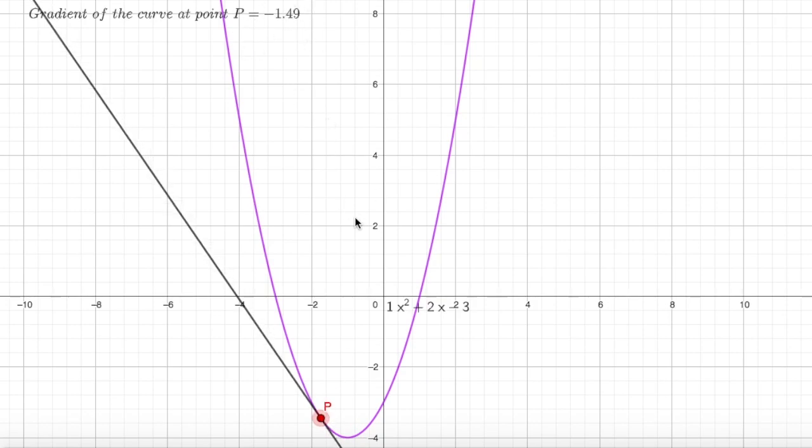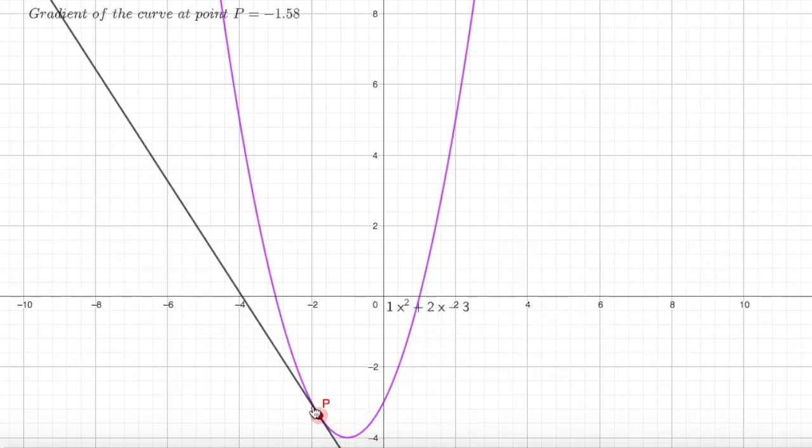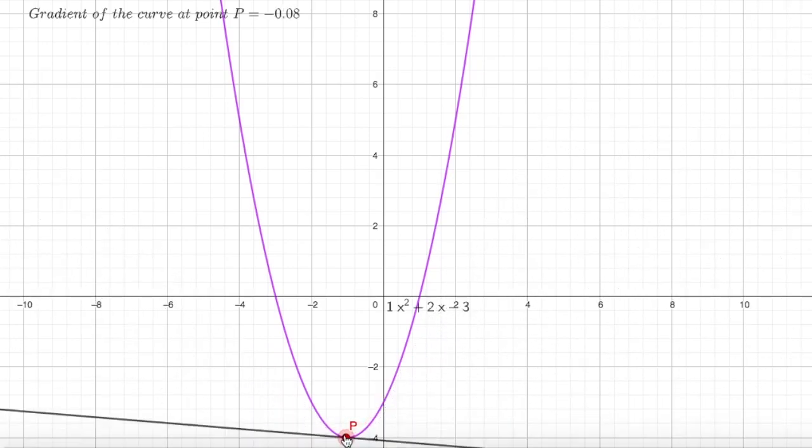This is the gradient dy dx at point P. On the left-hand side, it is negative. So when the curve is U shape, at the minimum point, dy dx changes from negative to positive. Remember this first.